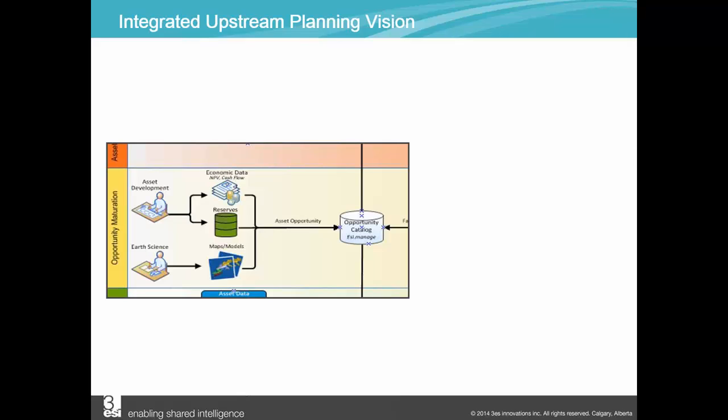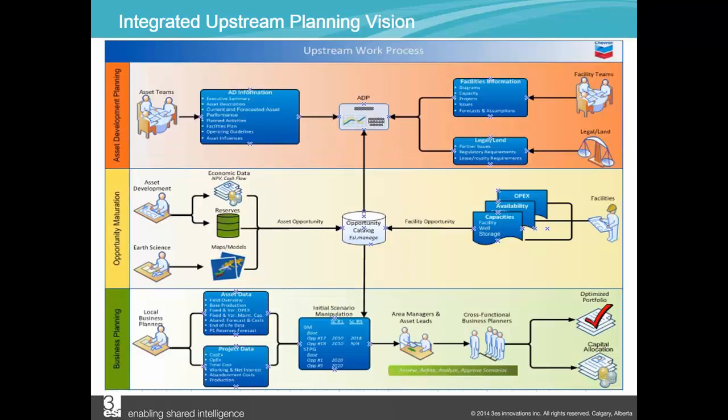So here, our asset development engineer would provide the economic data and the reserves data, but instead of all information flowing into a single source of truth, we would have that data flowing once up to the asset development team information here. We'd have another arrow feeding it up into the facilities group, another one feeding it down into the local business planner.